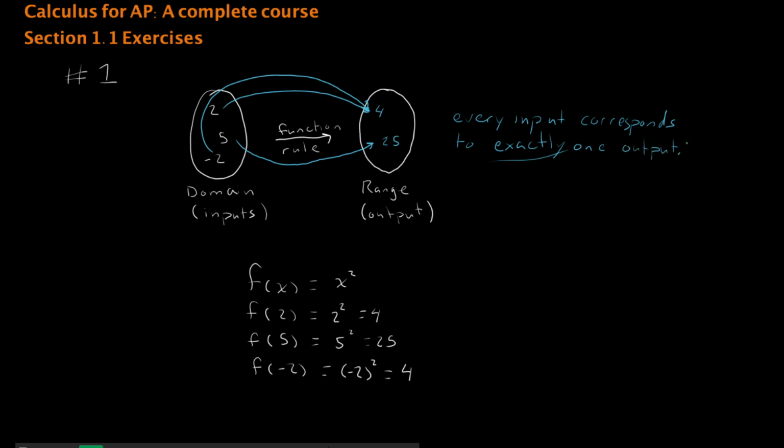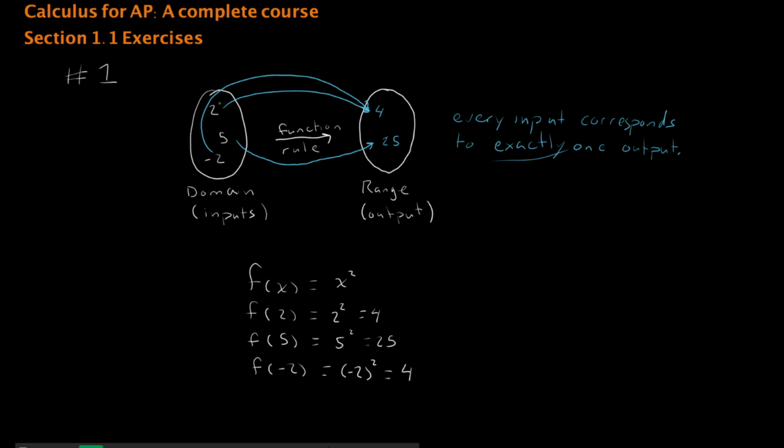This is the definition of a function. Notice that it's possible for two different inputs to both yield the same output. What's critical is that every input individually can only yield a single output.